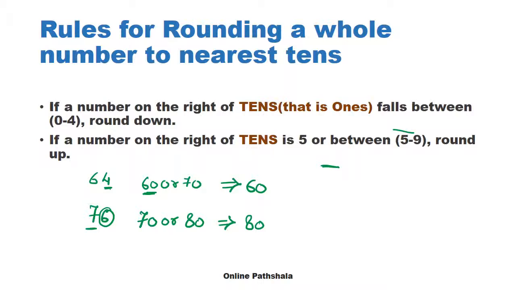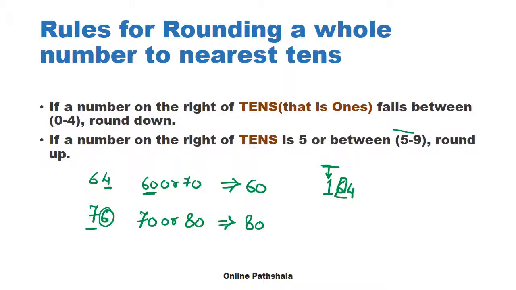Now, here one thing needs to be clear: if you need to round to the nearest hundreds, let's say the question is 164, in that case you have to check the digit which is on the right of the hundreds place. The digit to the right of the hundreds is 6.